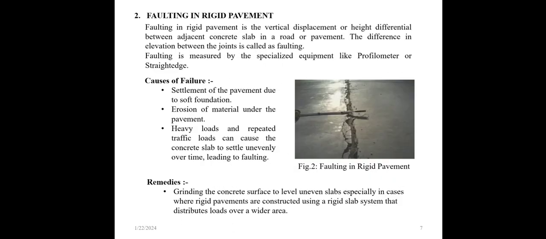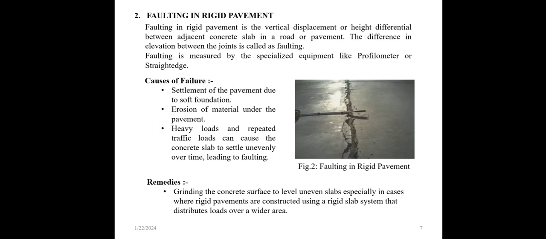Faulting in rigid pavement. Faulting in rigid pavement is a vertical displacement or height differential between adjacent concrete slabs in a road or pavement. The difference in elevation between the joints is called faulting. Faulting is measured by specialized equipment like a profilometer or straight edge.